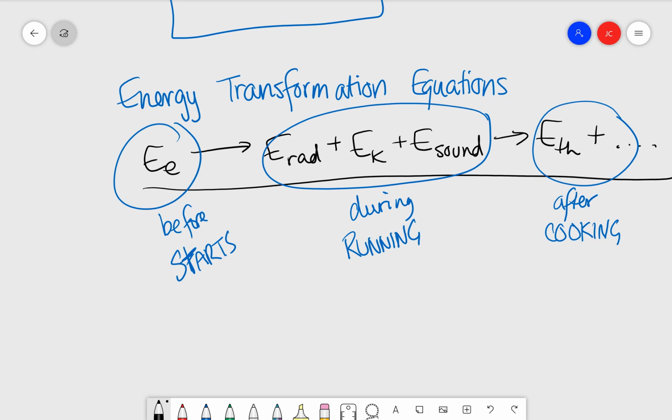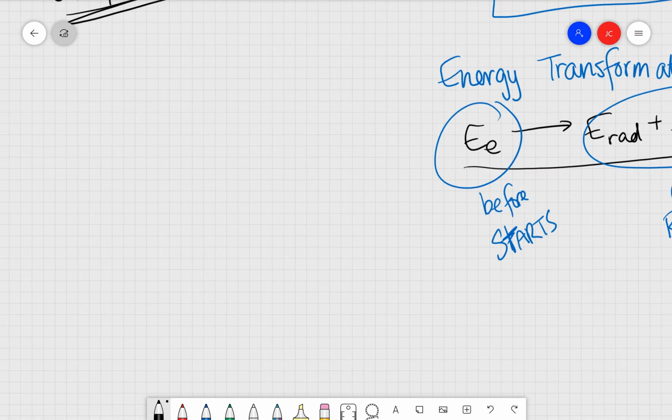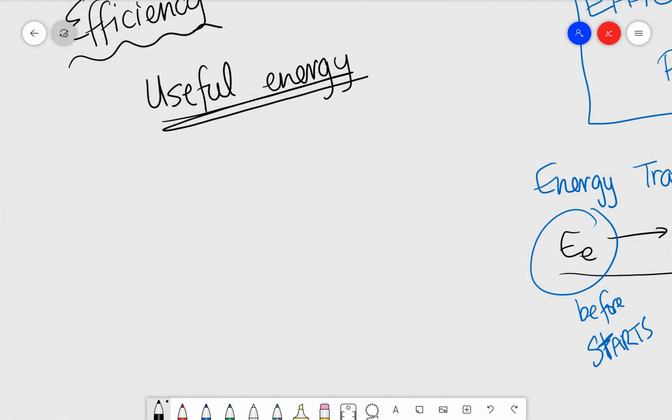Those are just kind of unnecessary byproducts. If we could get rid of them, we would. But the thermal energy is the thing that we actually need. It needs to cook the pizza. And so the thermal energy here is the useful energy here.